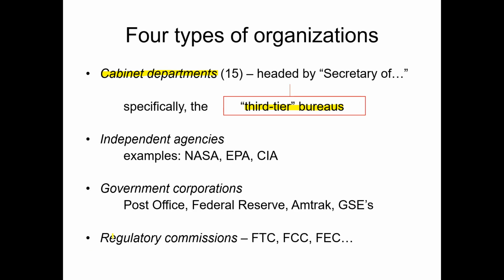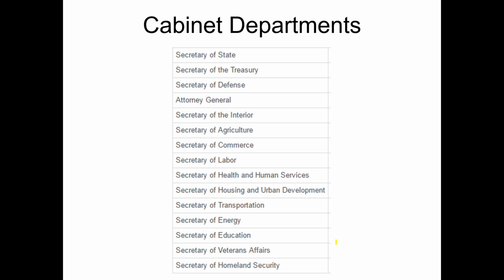And then we'll look at the regulatory commissions that have the familiar acronyms: Federal Trade Commission, Federal Communications Commission, Federal Elections Commission. Those are some examples of those. So let's look at those 4 different types of organizations.